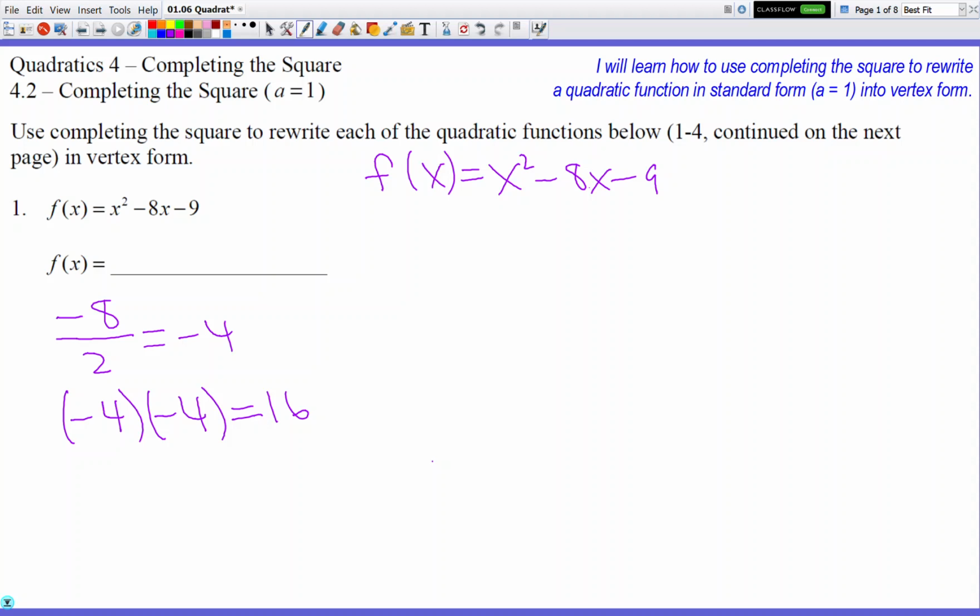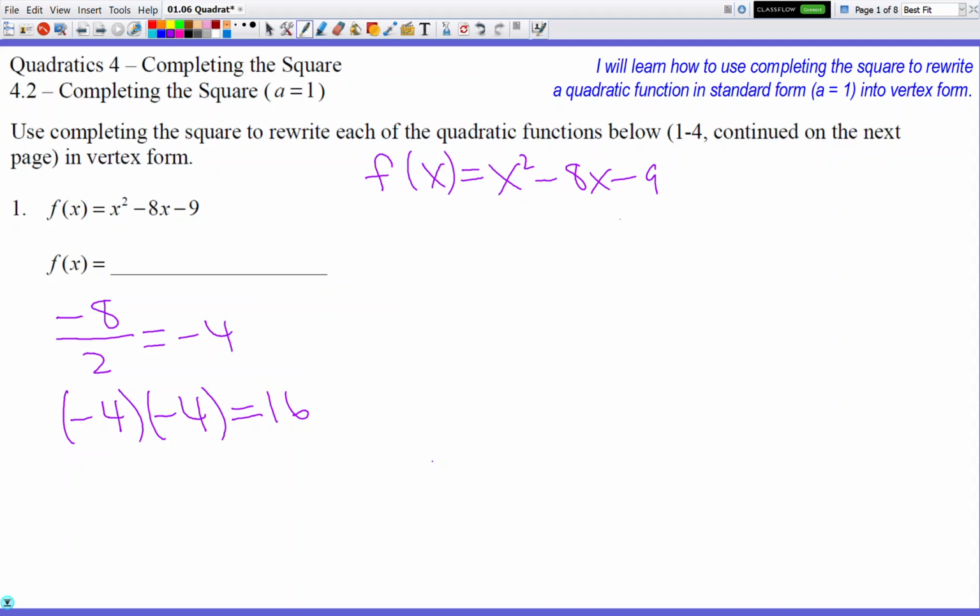If the number I currently have there is not that number, then I need to tell the negative 9 to go away. 16 is the number that works, and negative 9 is not 16. So we've got to make room for the 16 to stand right next to negative 8x.